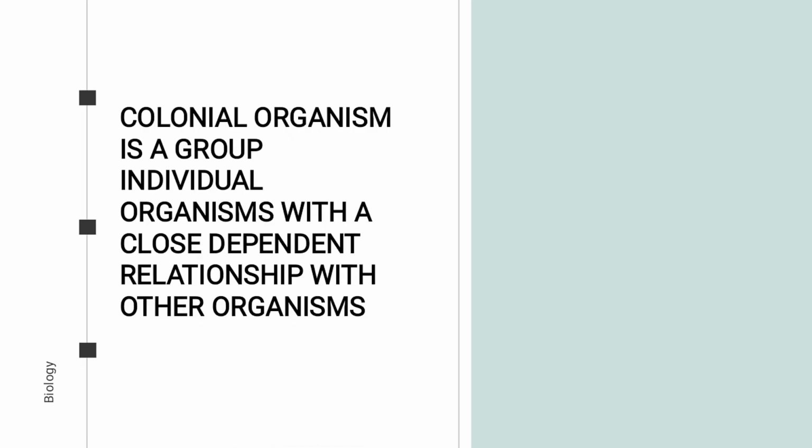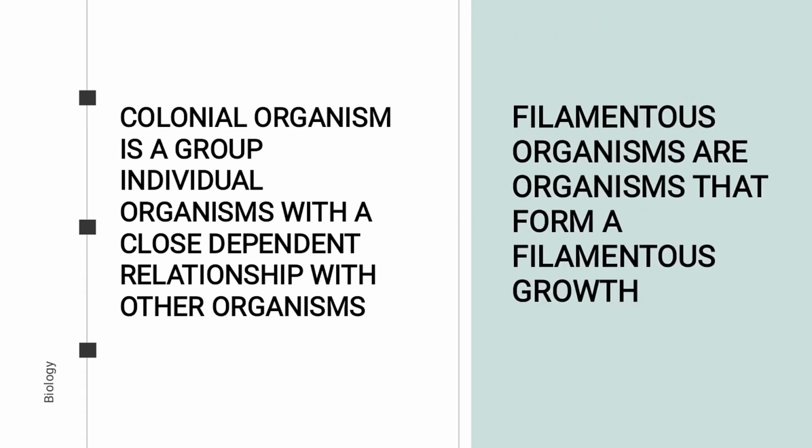The first one is colonial organism is a group of individual organisms with a close dependent relationship with other organisms. That is, they depend on each other. So in a colony, the organisms inside the colony depend on each other. But in filamentous organism, the organisms form a filamentous growth.